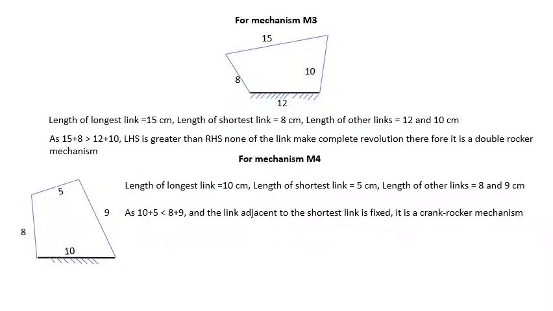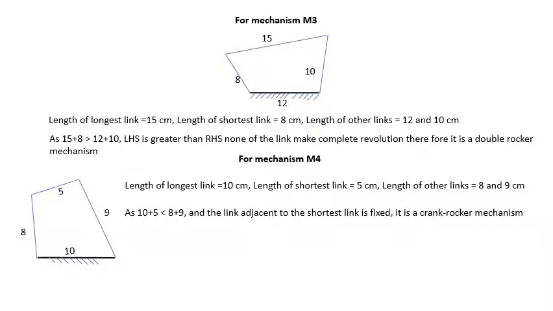Next, the mechanism M3. For the given mechanism, first we have to identify which is the longest link and which is the shortest link. For this mechanism, 15 is the longest link and 8 is the shortest link, and the other two links are 10 and 12 centimeter each.